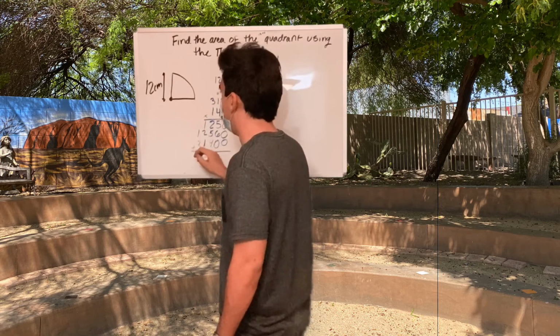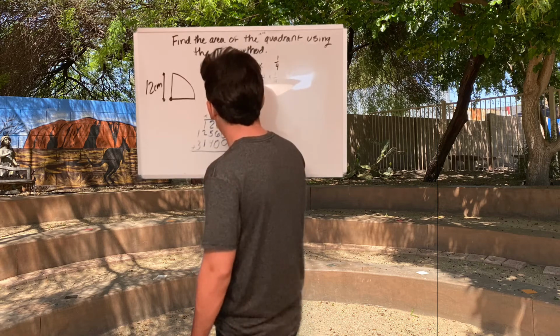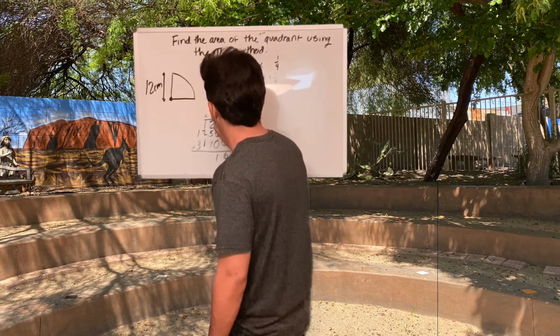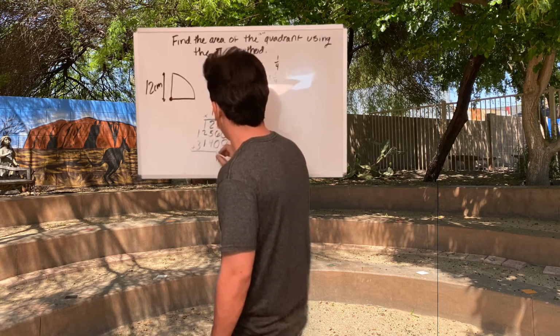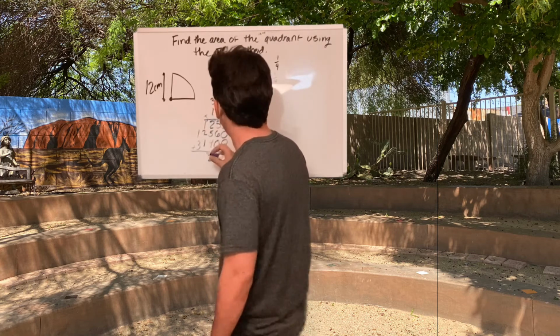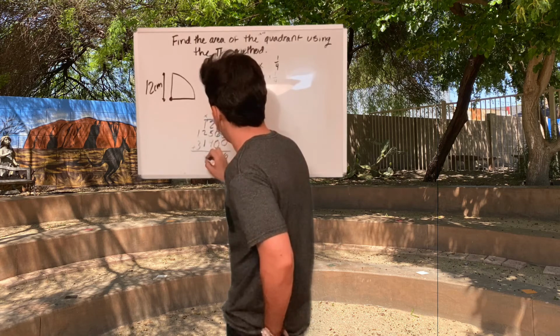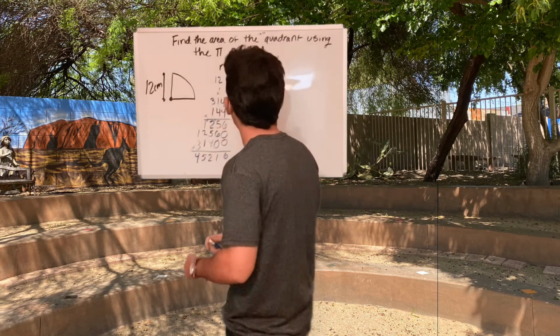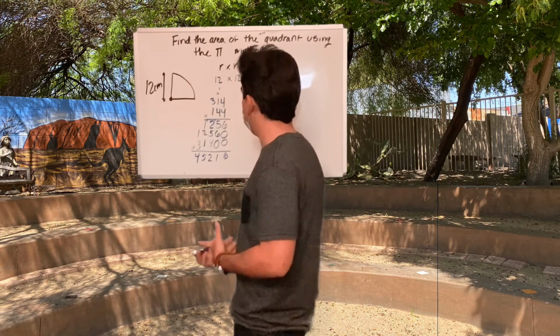Now we add our partial products. And I have 6 plus 0 plus 0 equals 6. 5 plus 6 equals 11. 1 plus 2 plus 5 equals 8. Plus 4 equals 12. And 1 plus 1 plus 2 plus 1 equals 5. And 1 plus 3 equals 4. So that's what we have so far.